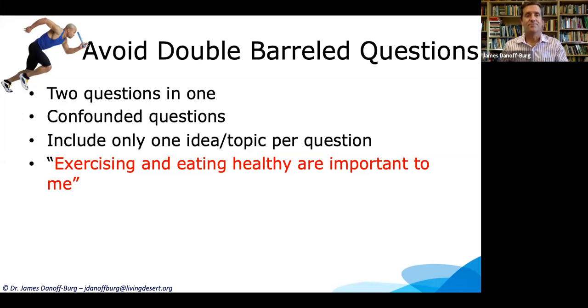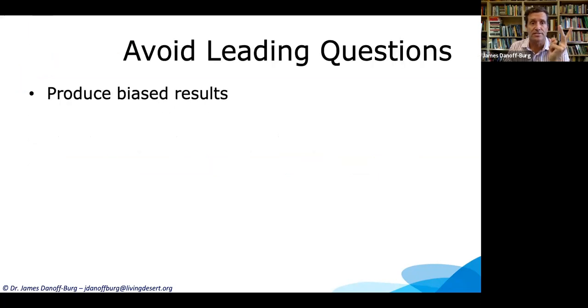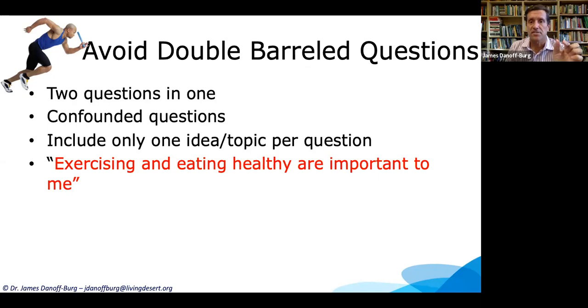Okay, now, what did you do? Did you take that question and break it into two questions? Exercising is important to me and eating healthy is important to me. If you did, you did the right thing, because then we've taken a double-barreled question, which is what's written up here in red, and converted it into two separate questions, each of which is a single item.